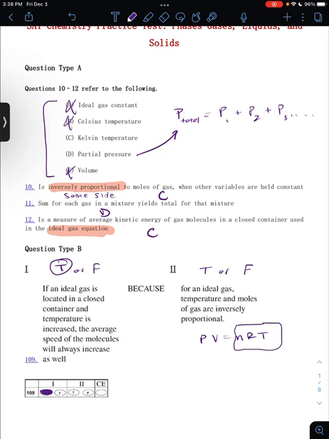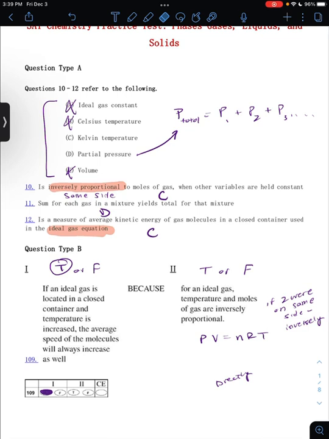Remember, if the two variables are on the same side, that means inversely proportional. Now, if they're on different sides, then that would mean directly proportional, if everything else is held constant.